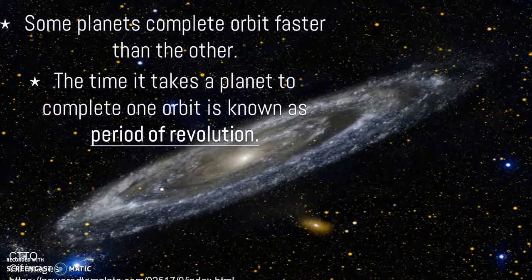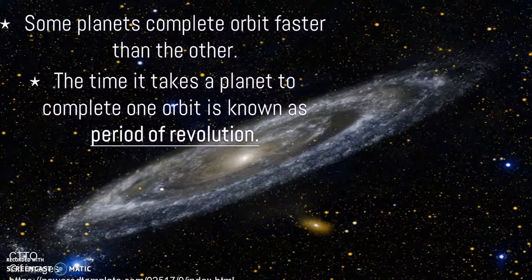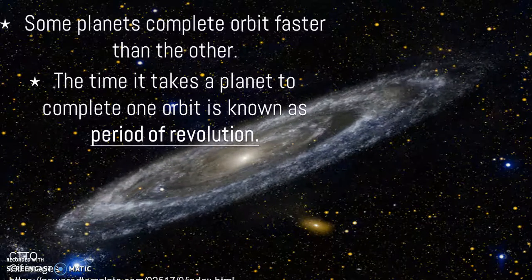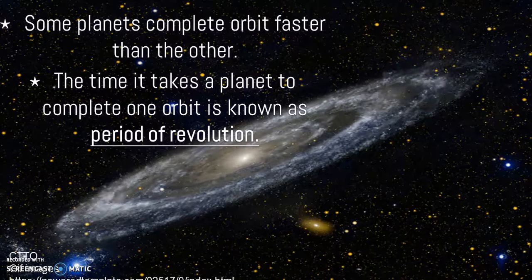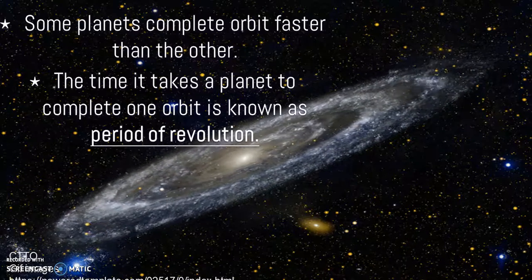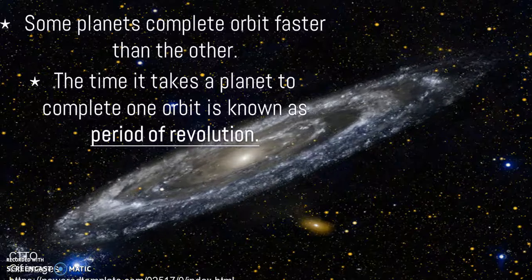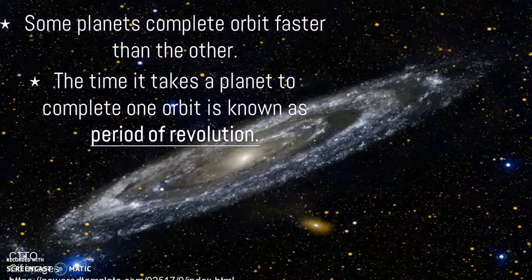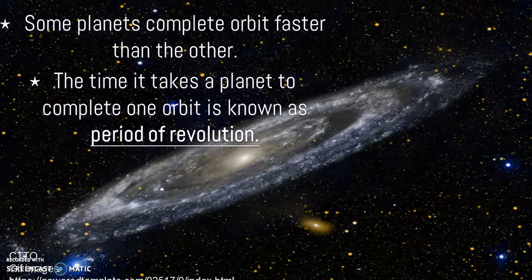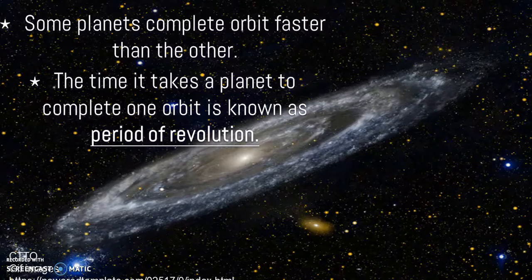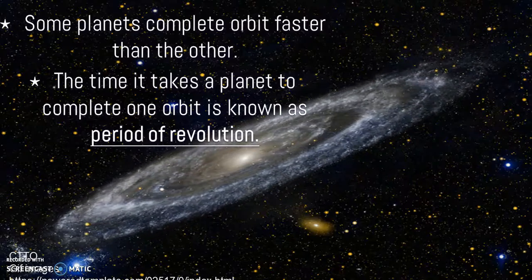The time it takes a planet to complete one orbit is known as the period of revolution. On Earth, the period of revolution is 365 days. If we have a leap year, then we add a quarter of a day, so there will be 365 and 1/4 days.